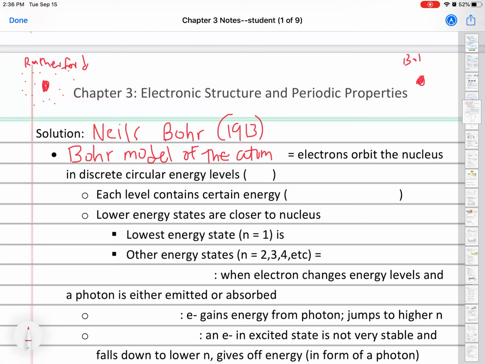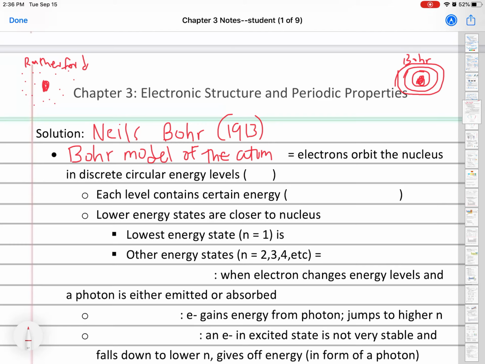But Bohr proposed something more like this, which is what we still teach today to elementary school students. That electrons are in these orbits like planets around the sun, and that each of those orbits is an energy level. The ones that are closer to the nucleus are lower energy, and the ones further away from the nucleus are higher energy levels.